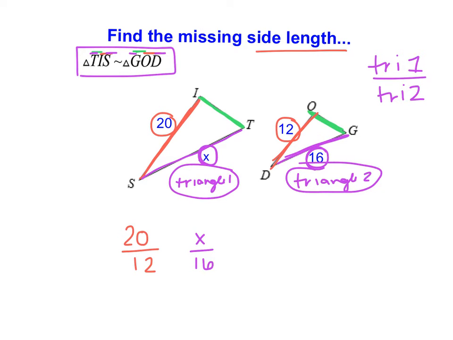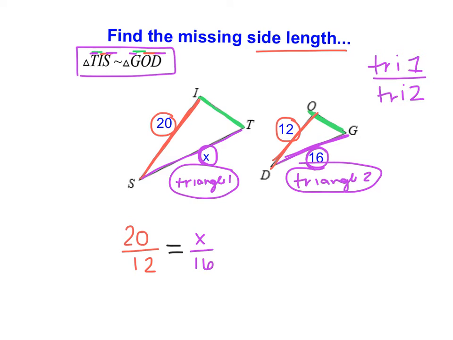Now on the previous slide, we learned that these two ratios, when simplified to their simplest form, are exactly the same. And remember, the definition of a proportion is two ratios that are set equal to each other. I'm missing a piece of these ratios, so I'm going to set them equal to each other.